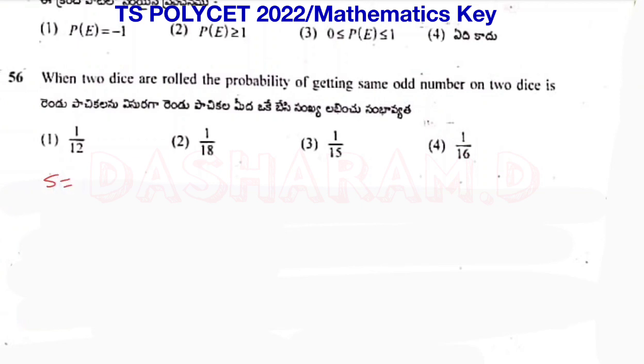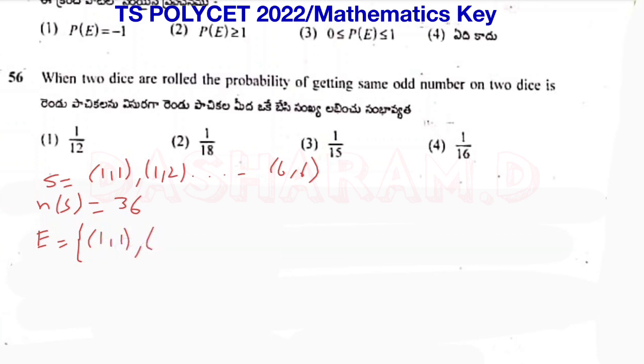The sample space of two dice is (1,1), (1,2), up to (6,6). So how many possible outcomes in total? 36 possible outcomes. The event is getting the same odd number on two dice. 1 is an odd number, 3 is an odd number, 5 is an odd number.